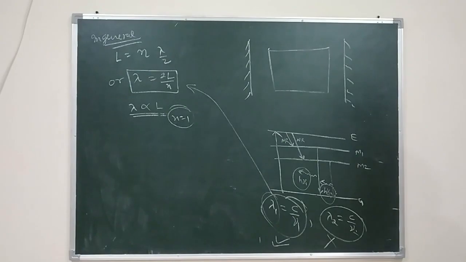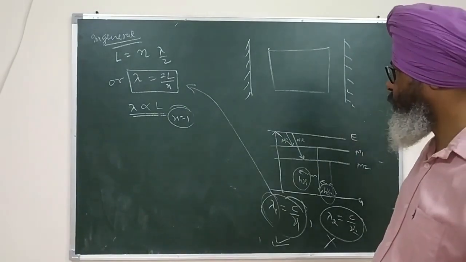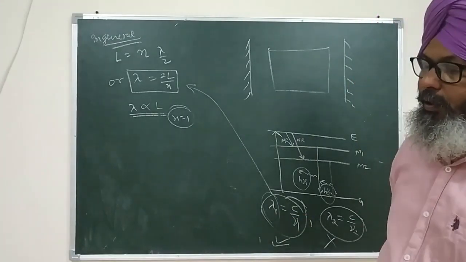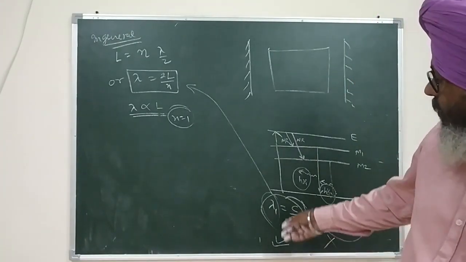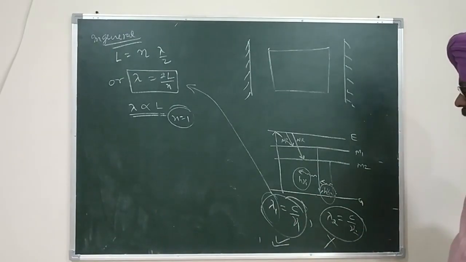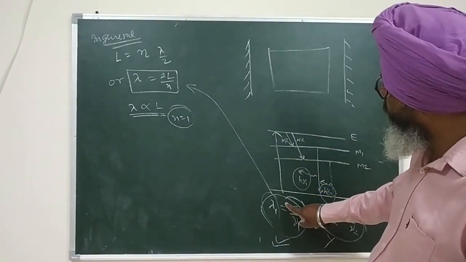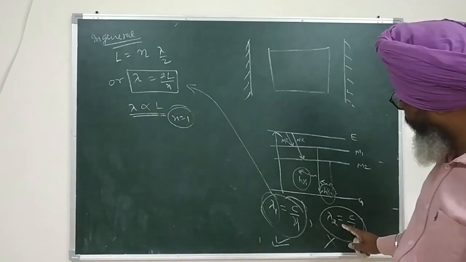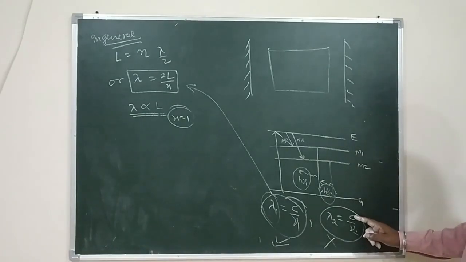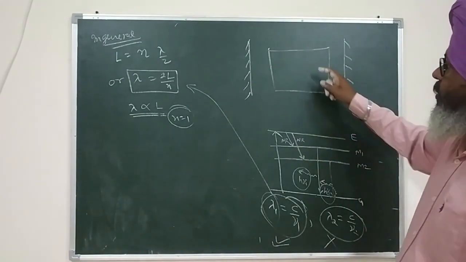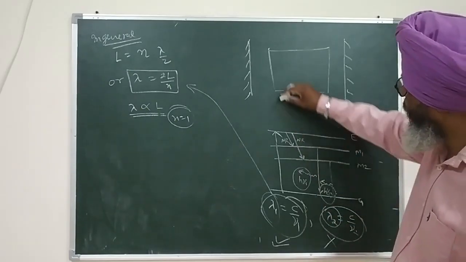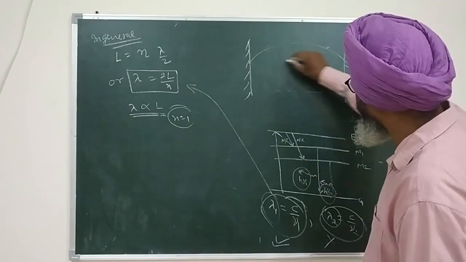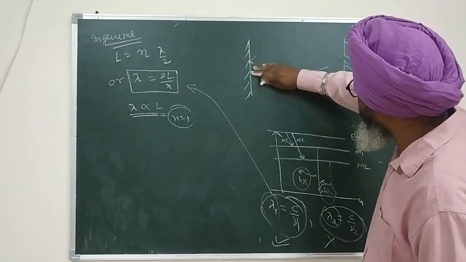So if you can do that, so that the lambda of the stationary wave pattern and the lambda of the emitted photon become equal for a certain wavelength, let us say lambda 1, then this photon will produce a stationary wave pattern within the optical cavity. However, this photon will not be able to form a stationary wave, because its stationary wave pattern cannot be like this. Actually it would be something like this.